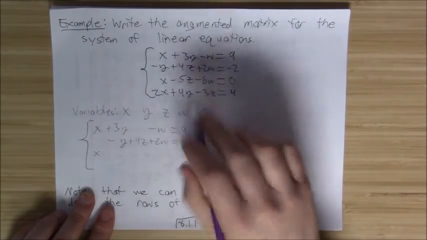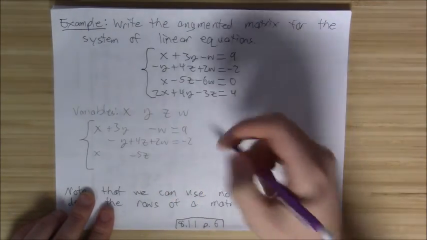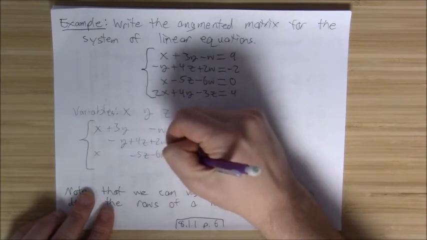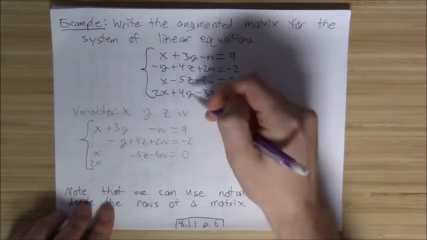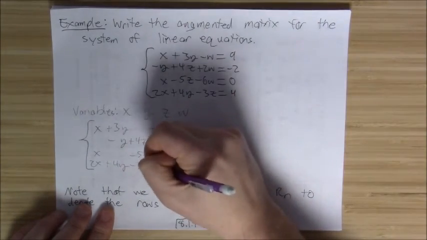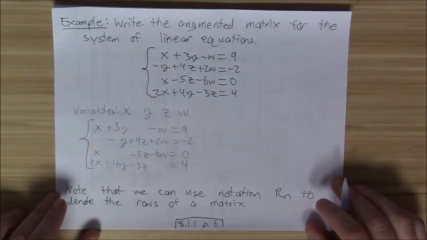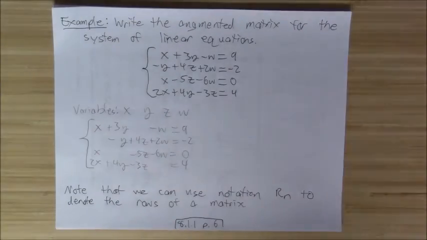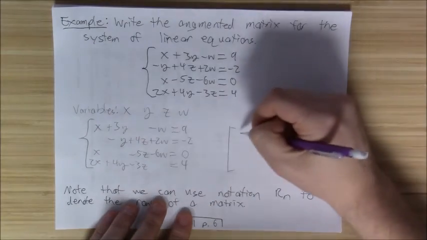We have no y, but there's a minus 5z minus a 6w equals 0. And then finally, there's 2x, a 4y, and a minus 3z, but no w, so we'll have that equal 4. And now, again, you realize why we've written it this way, because it makes it much easier to find the augmented matrix. We just read off the coefficients.